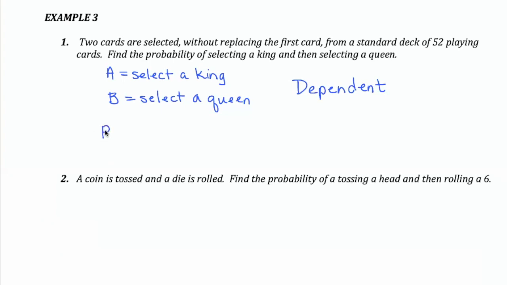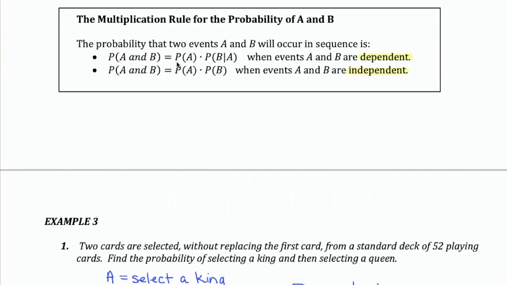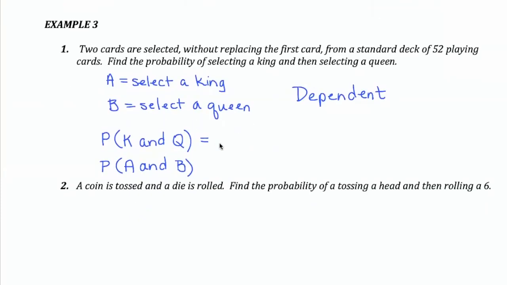So in that case, the multiplication rule says the probability of getting a king and a queen, which you can write this way, or you can use the letters A and B as we've set them up, is equal to, and we're going to be using the first version of the formula. If you follow the formula using K and Q as the notation for king and queen, then the probability of this happening is the probability of getting a king times the probability of getting a queen, given that my first pick was a king.